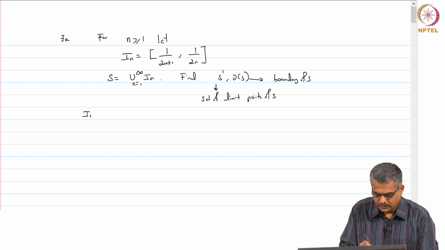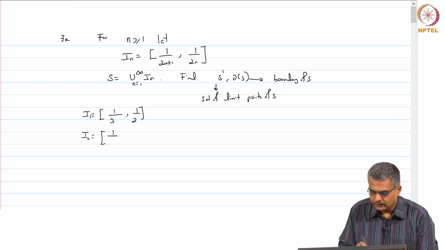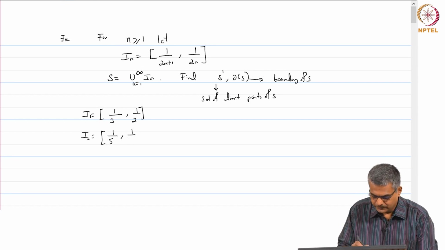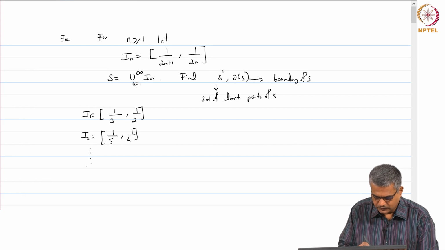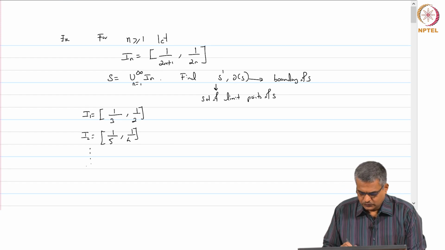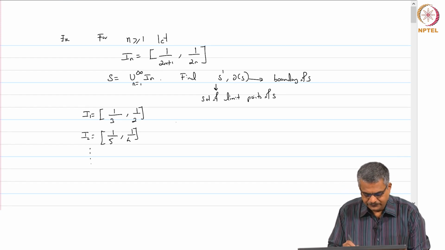For n equal to 1, you have 1 by 3 and 1 by 2, and then you have 1 by 5 and 1 by 4, and so on. So, let us see what happens as n increases.